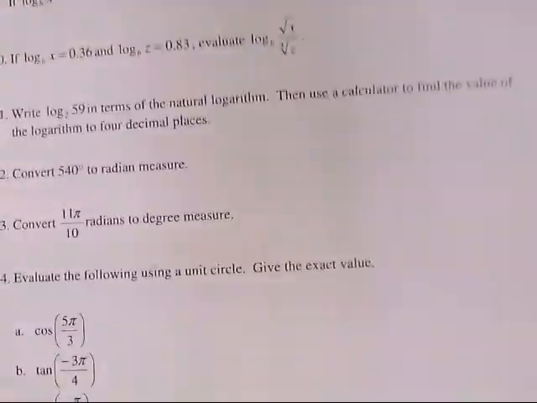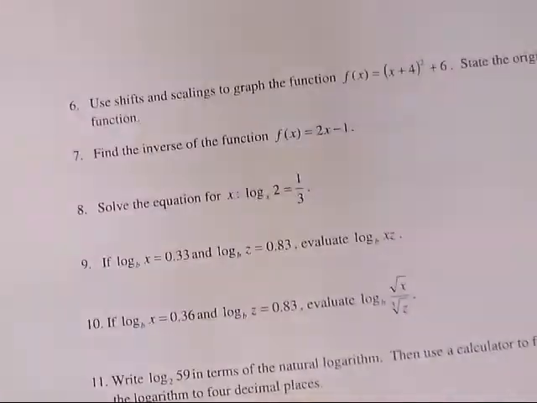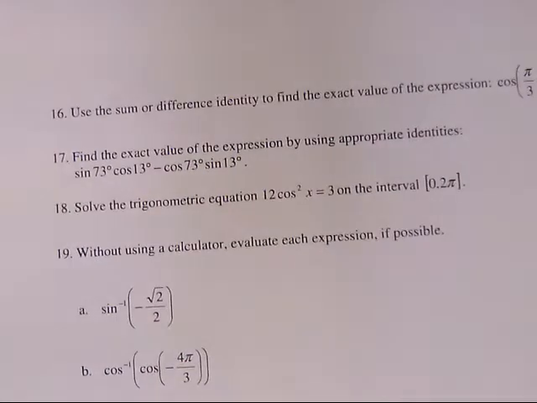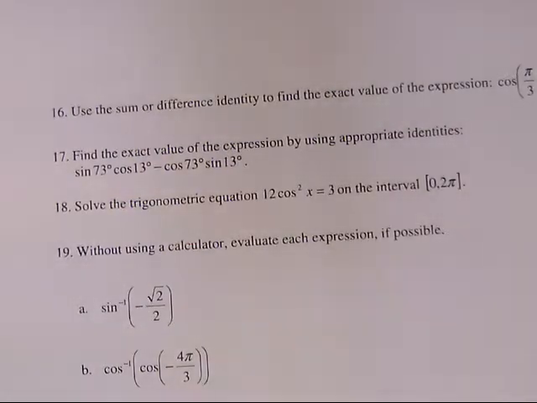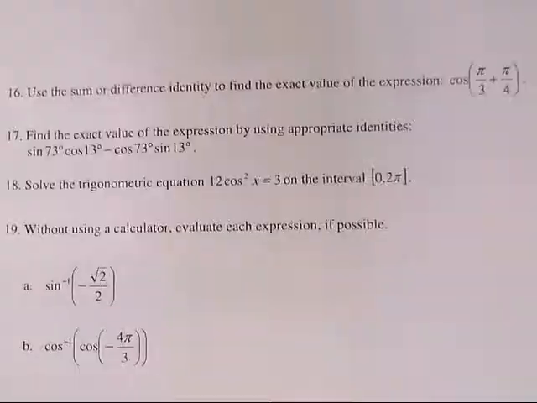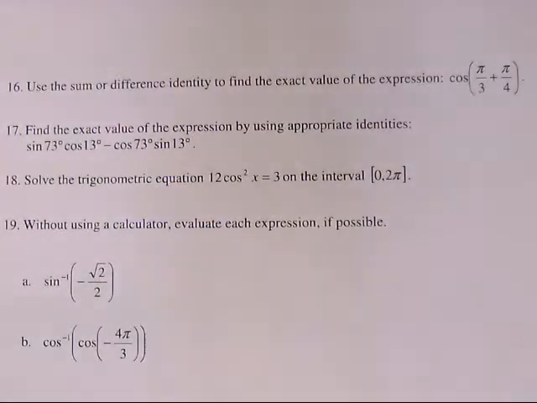All right, number 16. You're to use the sum or difference identity to find the exact value of the expression cosine of pi over 3 plus pi over 4. So you're going to use either a sum or a difference identity.